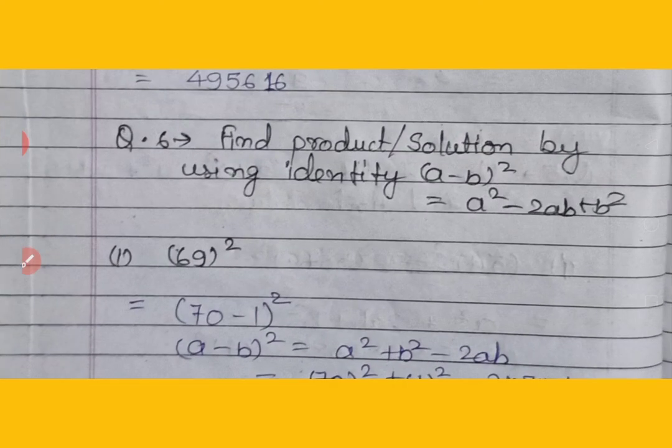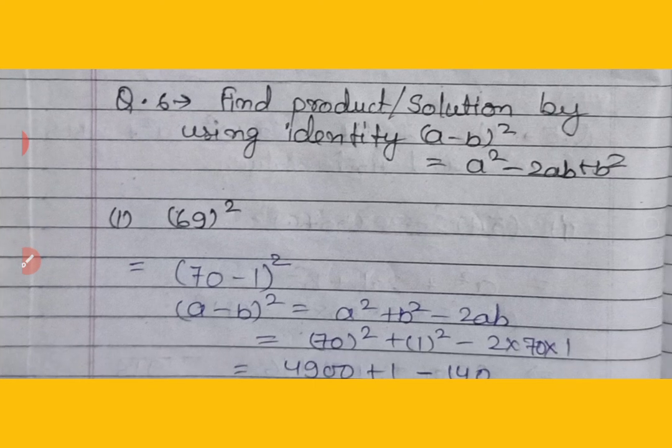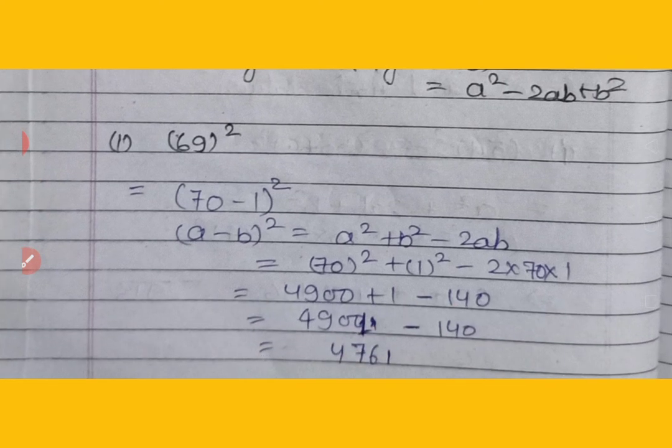It has given in the next question, find the product or solution by using the identity (a minus b) whole square, whose expanded form is a square minus 2ab plus b square. Sometimes it is given as a square plus b square minus 2ab. Both are right. So it has given 69. We have to know that 69 is a number which can be represented in the form of 70 minus 1.